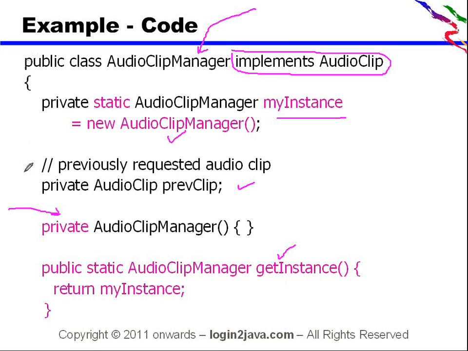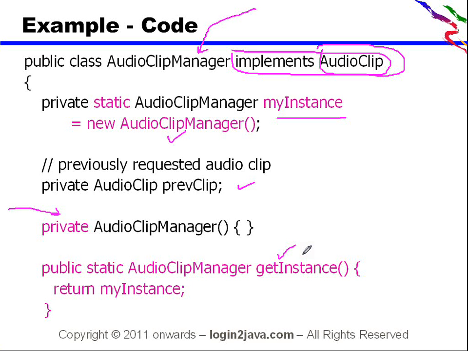I think it is a very straightforward singleton implementation for AudioClipManager. It implements AudioClip because an audio clip needs some common operations for playing, stopping, rewinding, forwarding. Then there is a single instance, the only instance, and there is a getInstance method.